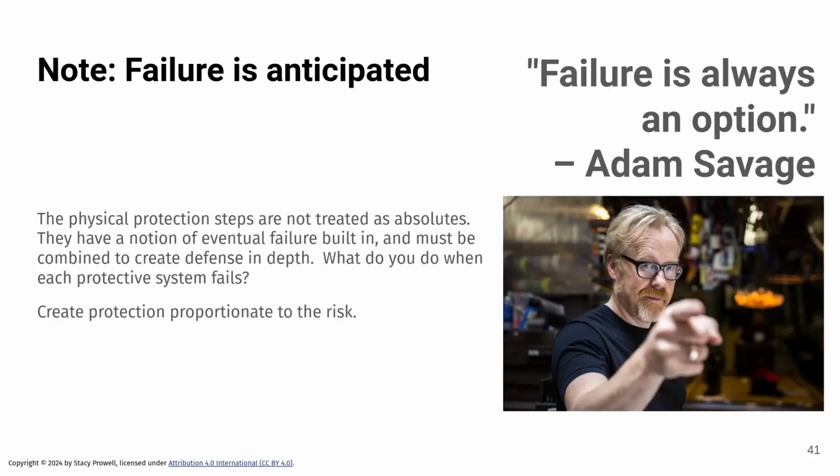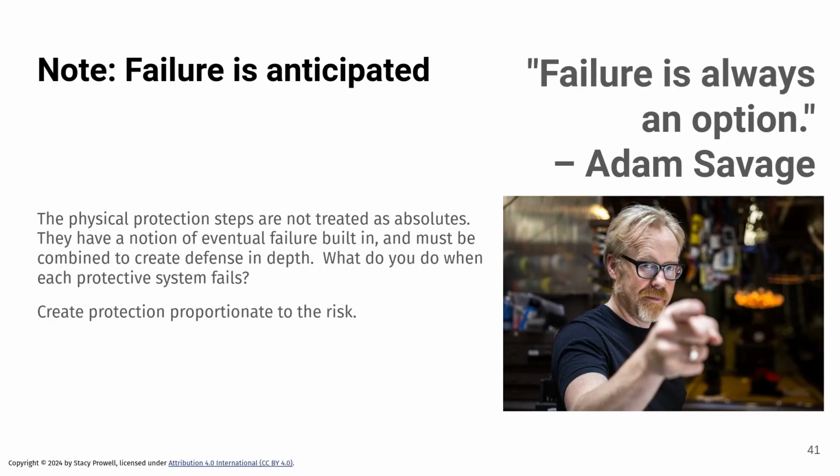So one of the things about these 5 functions of physical security is that failure is anticipated at each one. They work together when they're independent, when you're not relying on one guard to do them all. They work together to give you defense in depth.